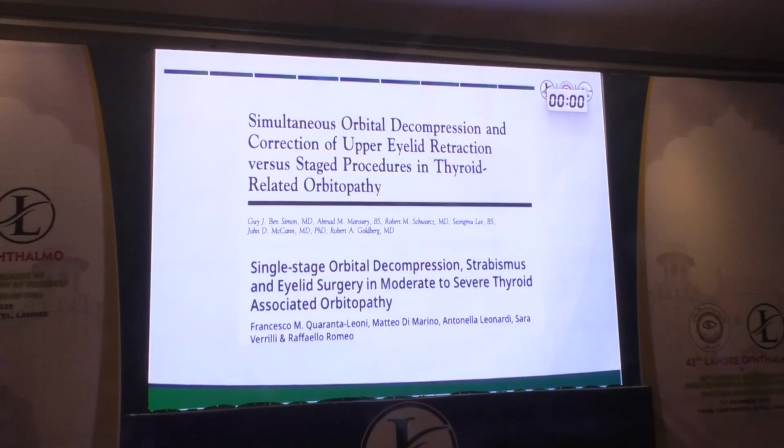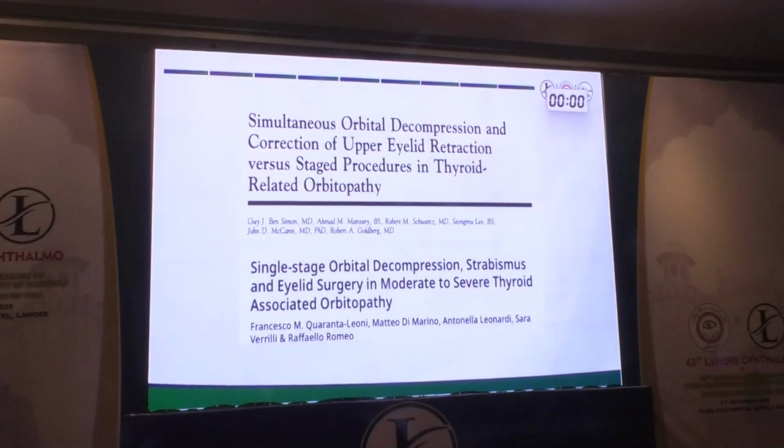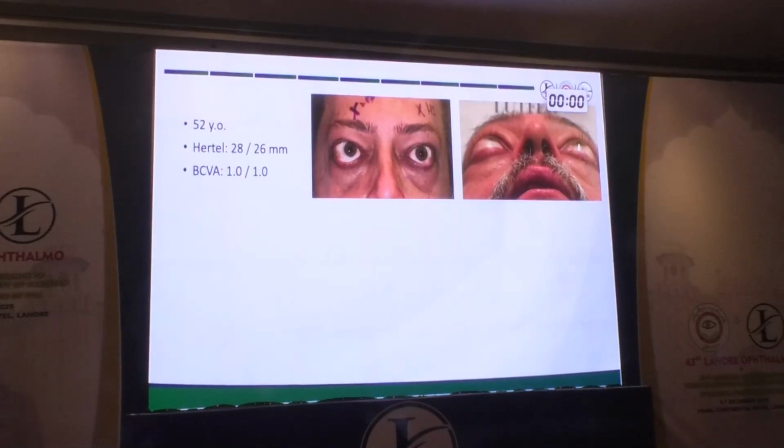Some studies say that we can combine, in selected cases, eyelid surgery and strabismus surgery together at the same time with the orbital decompression. I don't do strabismus myself, and I think as the surgery for a three-wall decompression takes too much time and causes too much congestion, I don't prefer to do all of them at the same time. Sometimes I combine the eyelid surgery with the orbital decompression, and this was a case like that.